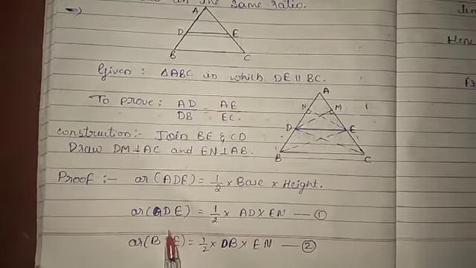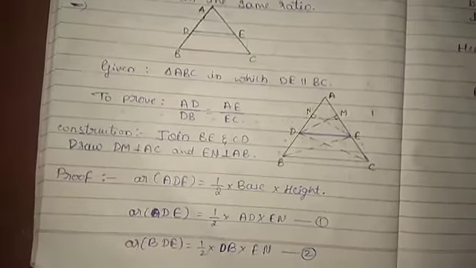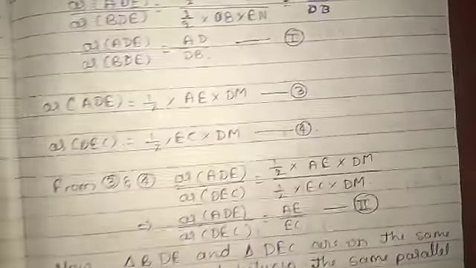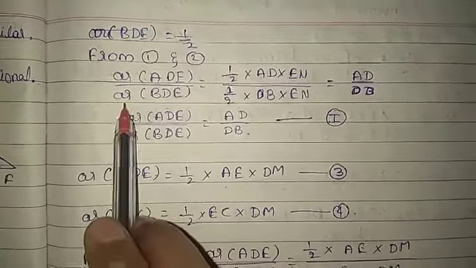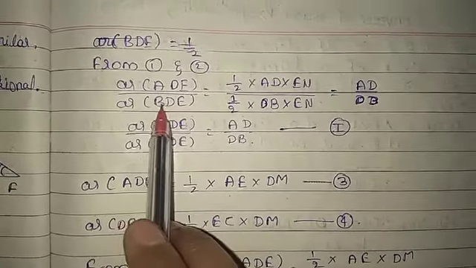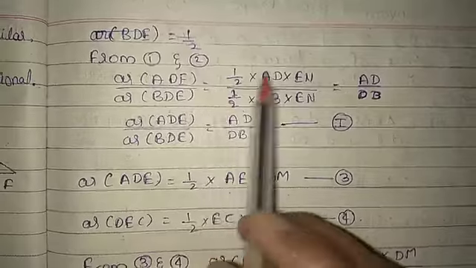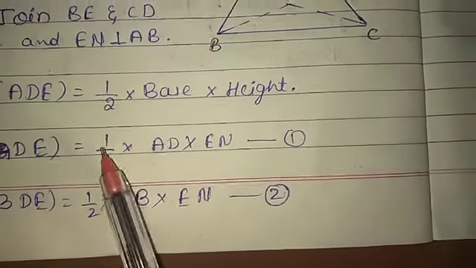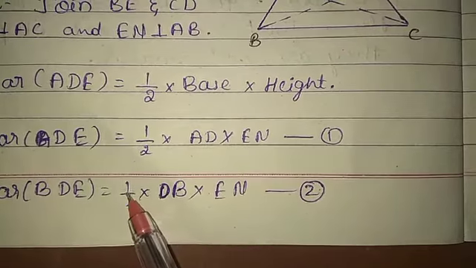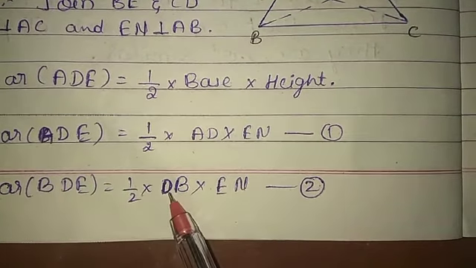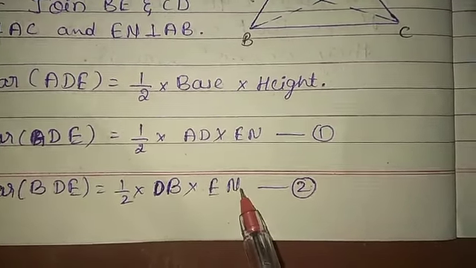By dividing these two, from equation 1 and equation 2, we get area of ADE divided by area of BDE is equal to half into AD into EN divided by half into DB into EN.